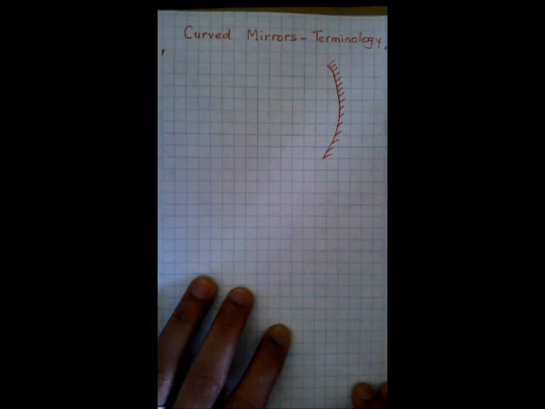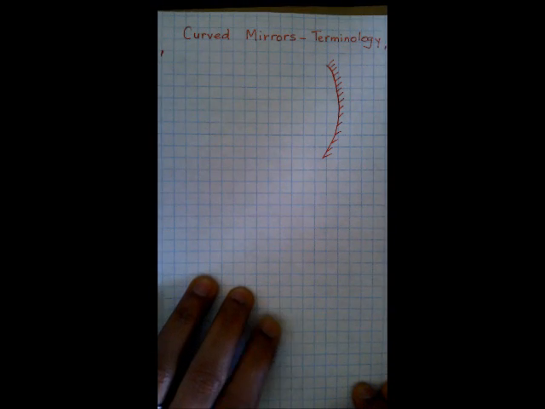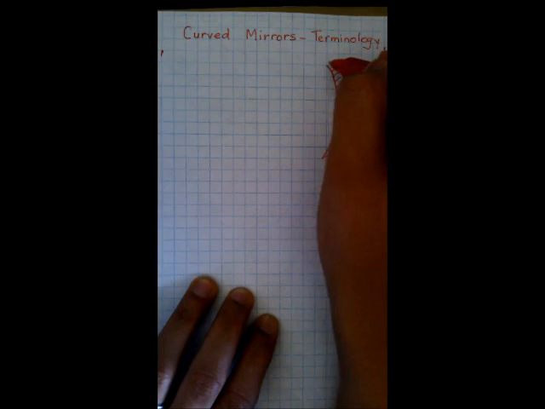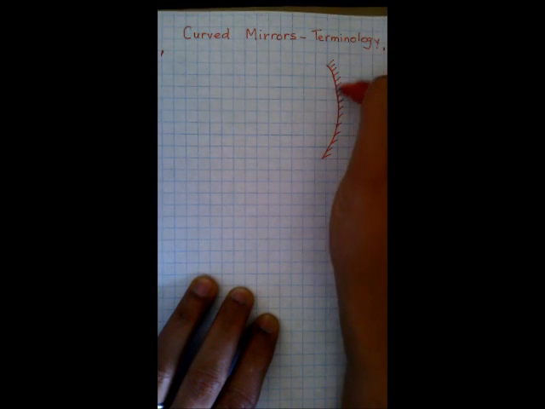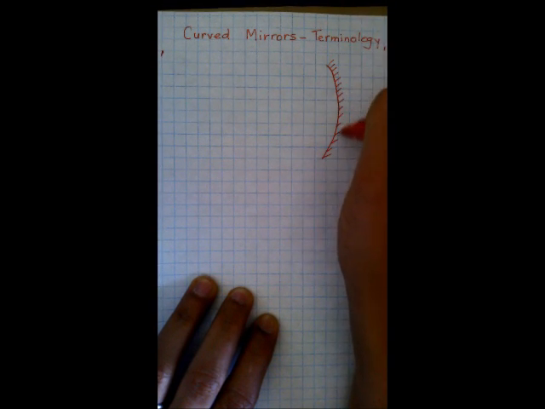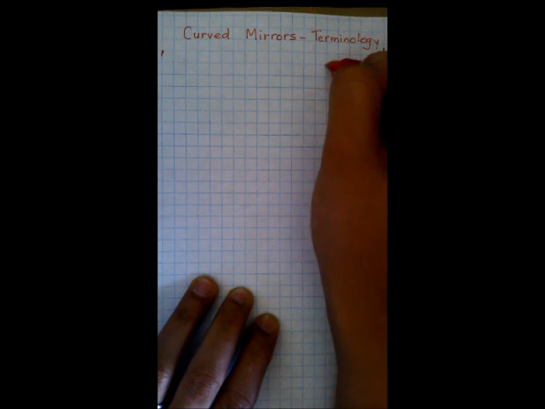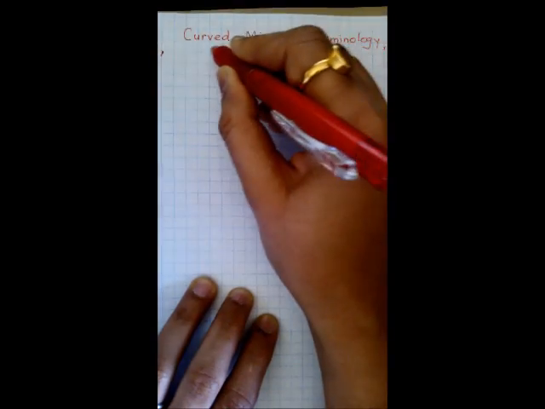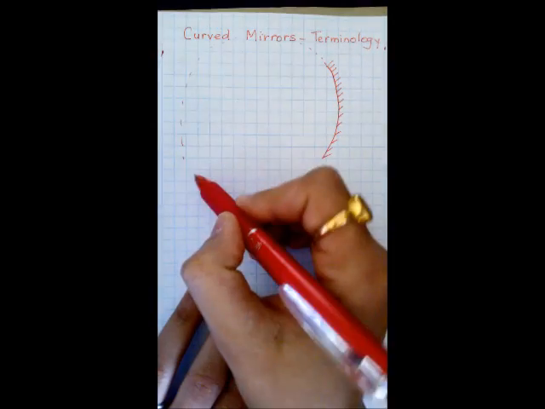Let's now understand the anatomy of the curved mirror. We can imagine this concave part, the curved part, as being a part of a bigger sphere like this one over here.